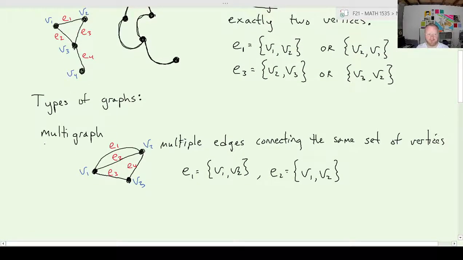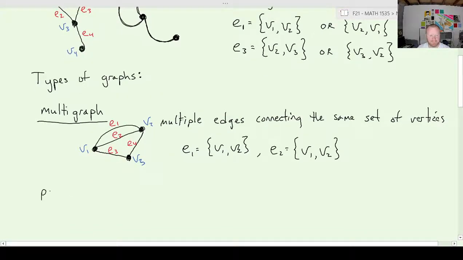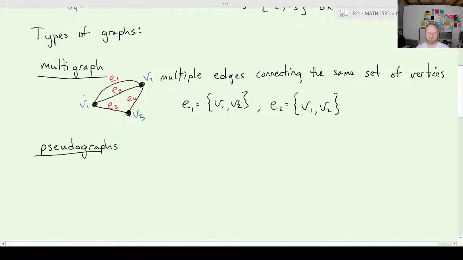So we've got multigraphs. We've also got pseudographs. So this still counts as a graph. This still counts as a graph.